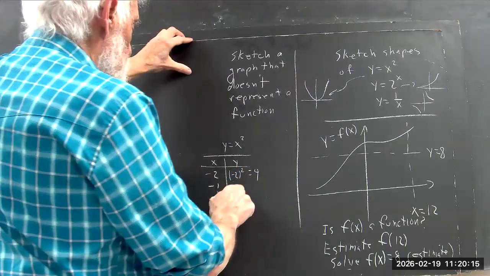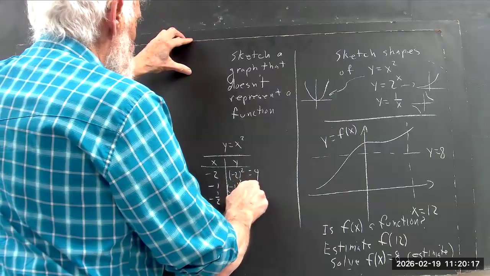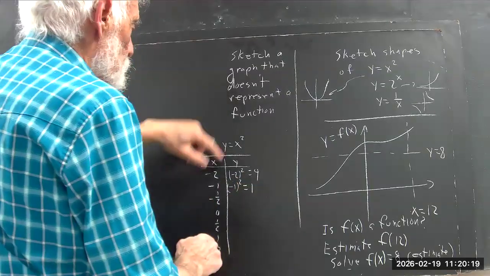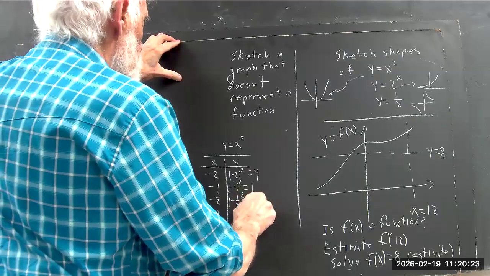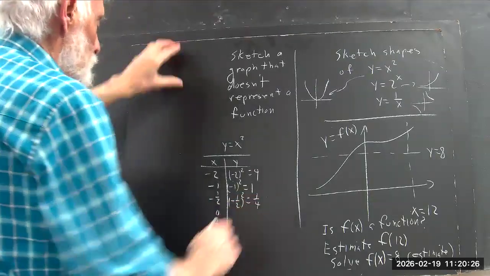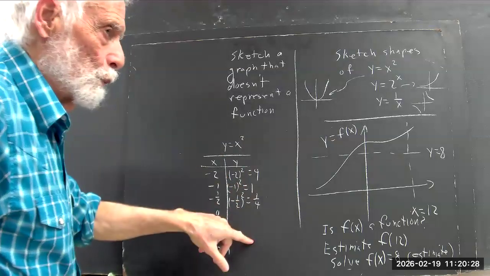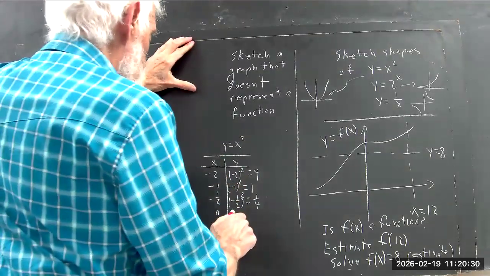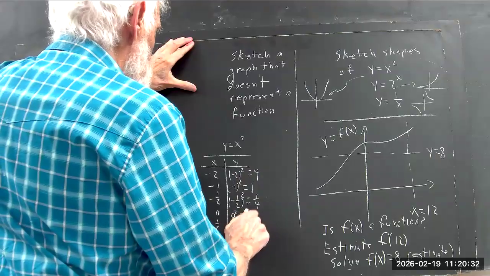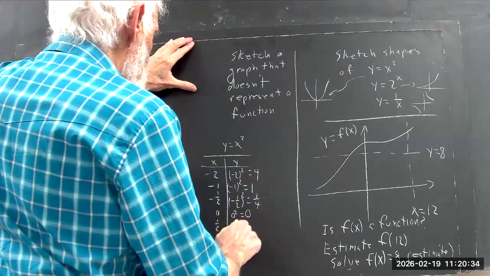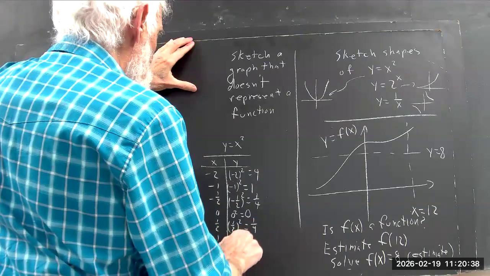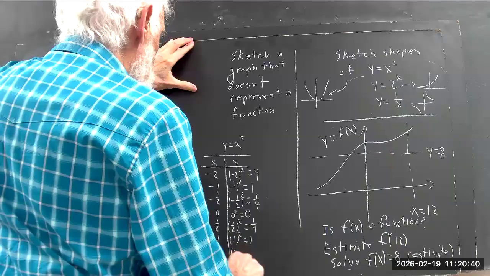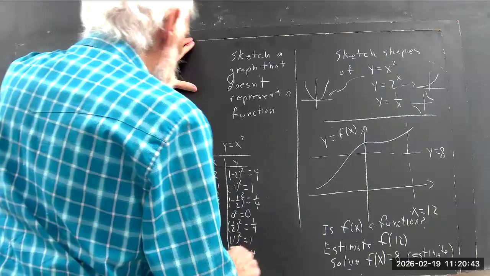If x equals -1, -1 squared equals 1. If x equals -1/2, -1/2 squared is 1/4. Make sure you know how the arithmetic works on these functions. 0 squared equals 0. 1/2 squared equals 1/4. 1 squared equals 1. And 2 squared equals 4.